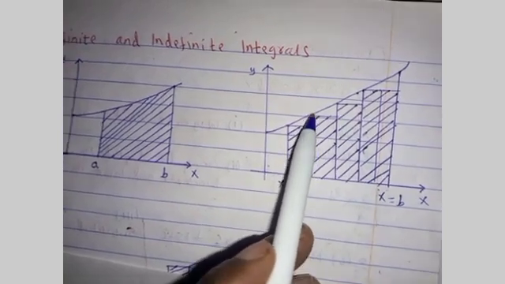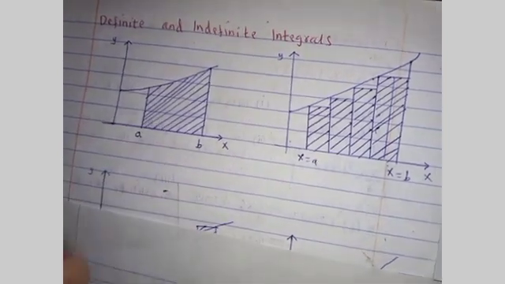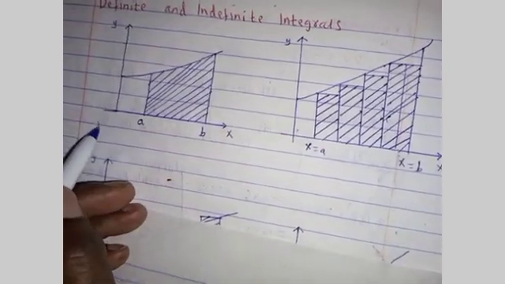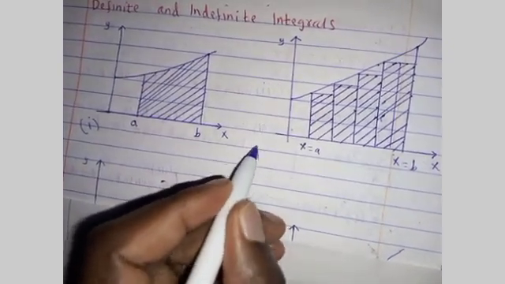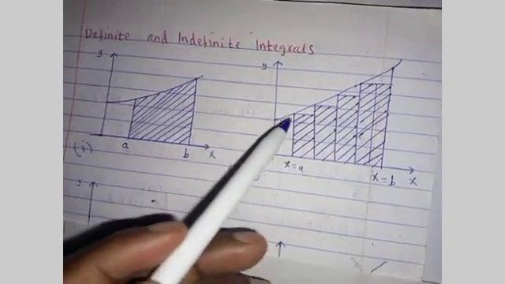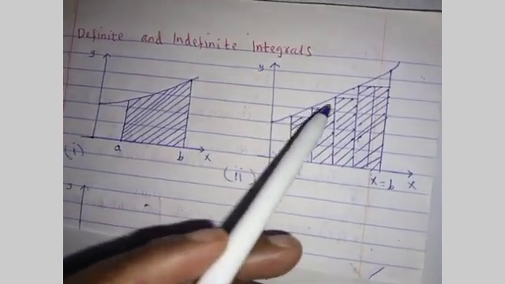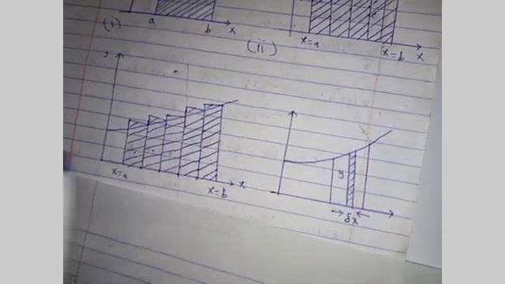If you consider figure 1 and figure 2, you can see there is a region being left. So this is underestimation.